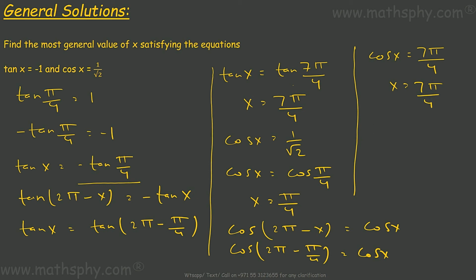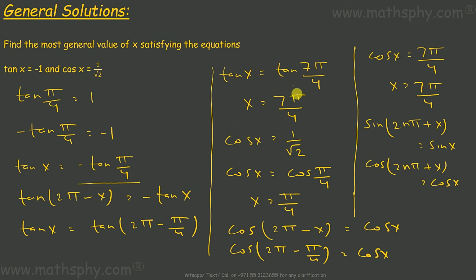Okay. We know that value of sin (2n pi plus x) equals sin x, where n is an integer, and value of cos (2n pi plus x) also equals cos x, where n is an integer. When this is applicable to sin, and applicable to cos, the same will be applicable to tan also.